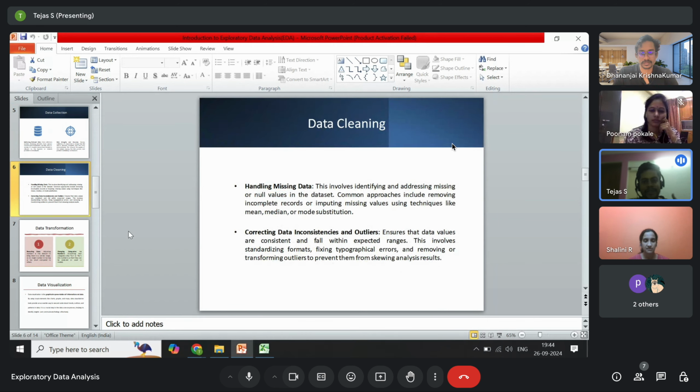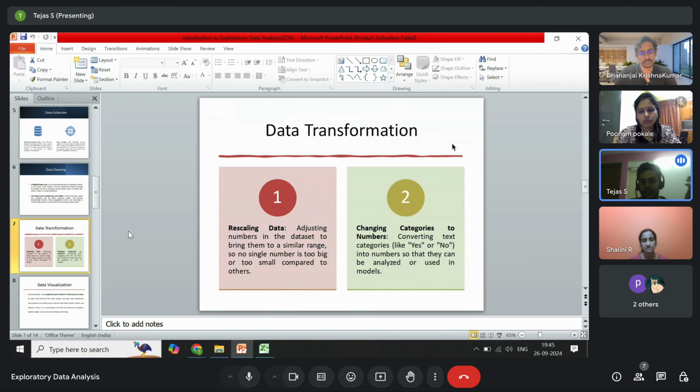The next step is data cleaning, which includes handling missing data or correcting inconsistencies. Next, data transformation, where we have two steps: rescaling the data and changing the categories.